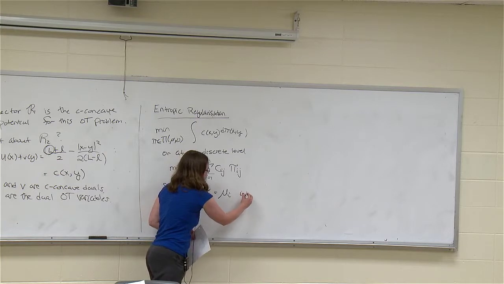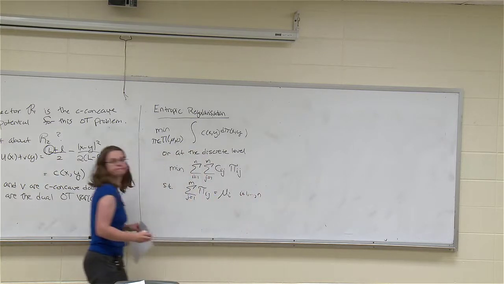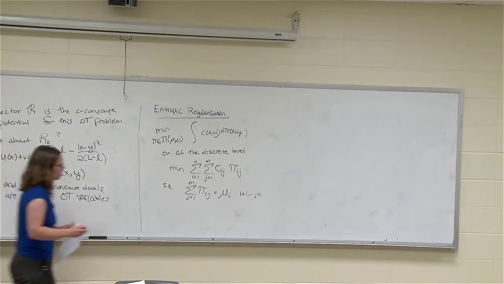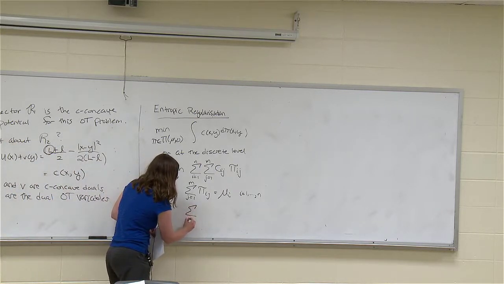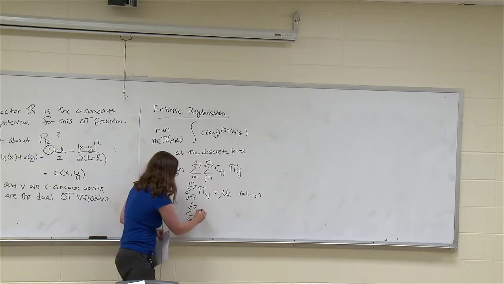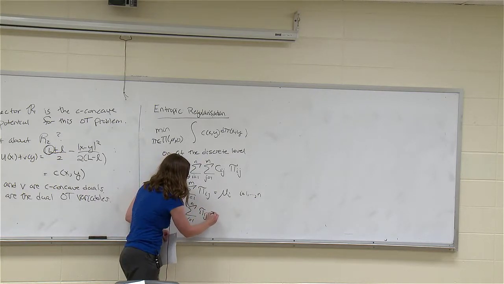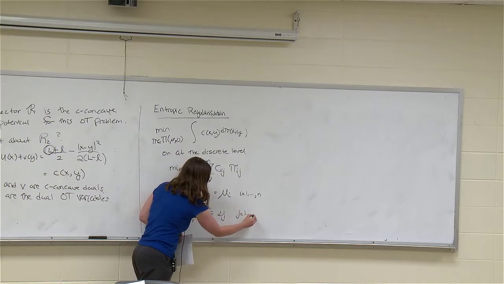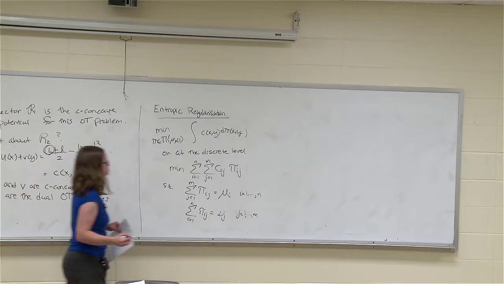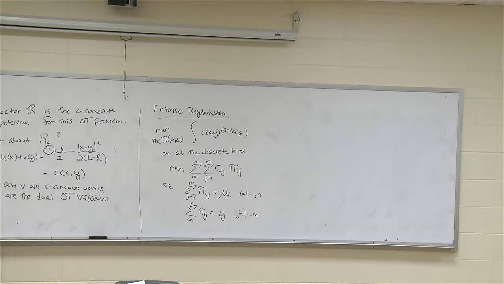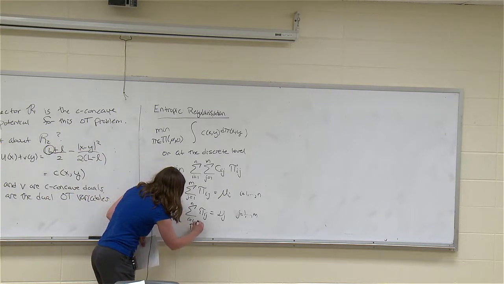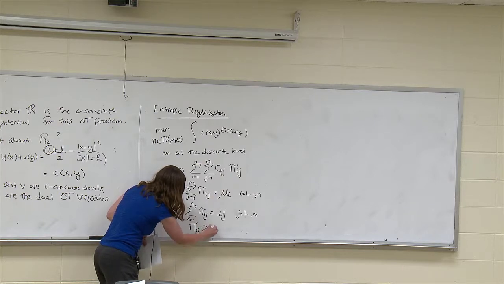So this is for i equals 1 to n. Similarly, if we integrate away the x dependence, we're left with our measure on y. Okay, and these better all be non-negative.